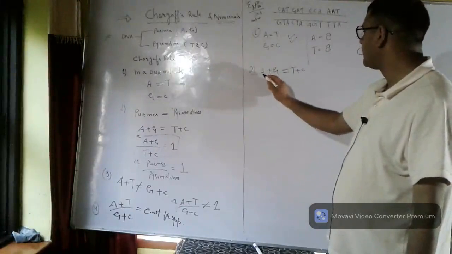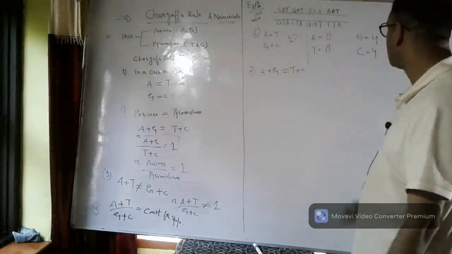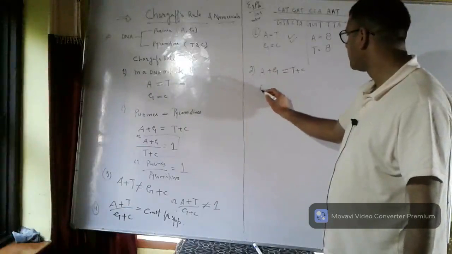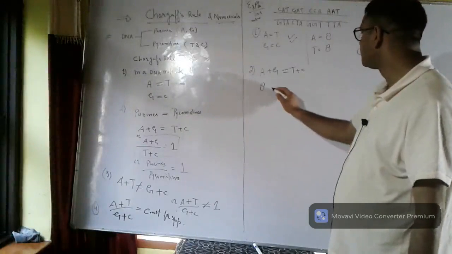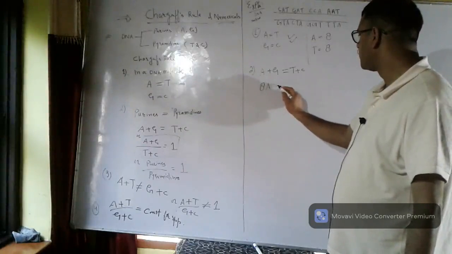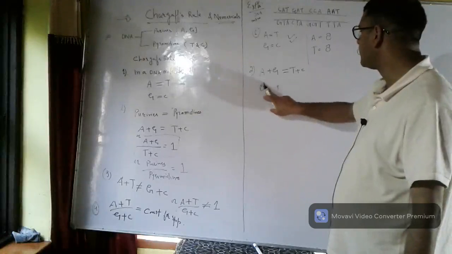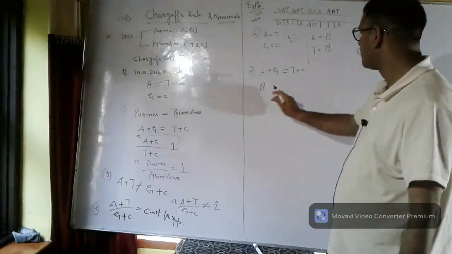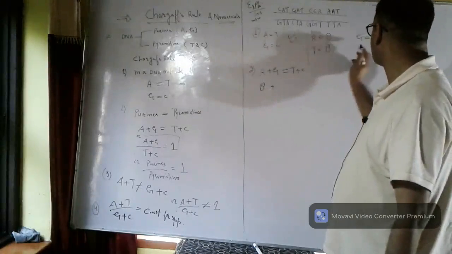We'll see how many adenine and guanine. Adenine are 8, plus guanine, these are 4.